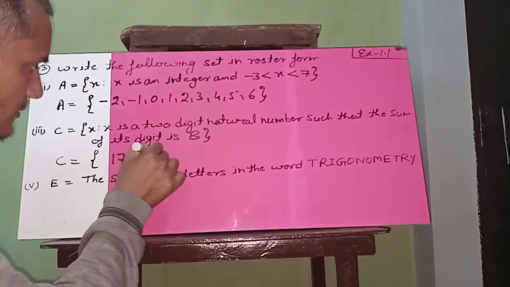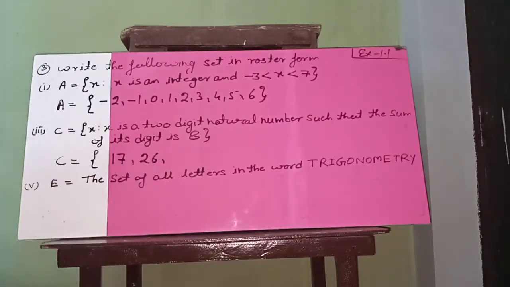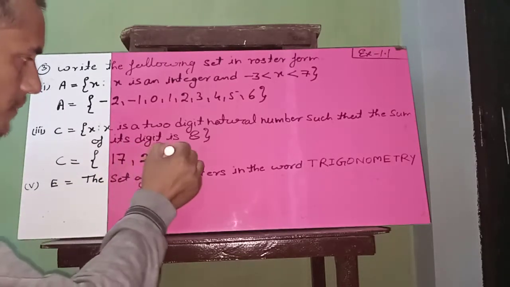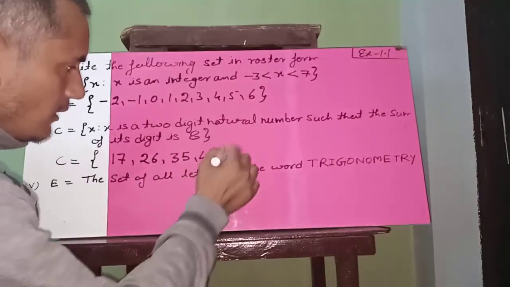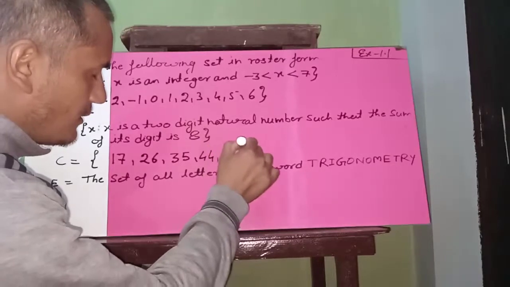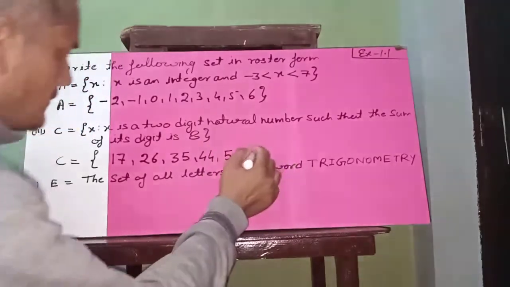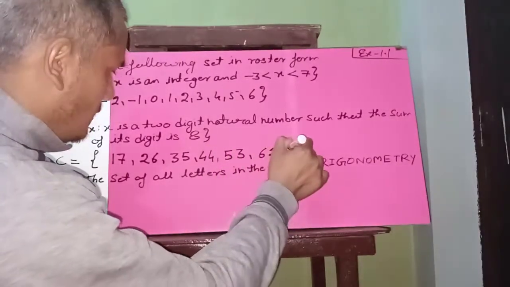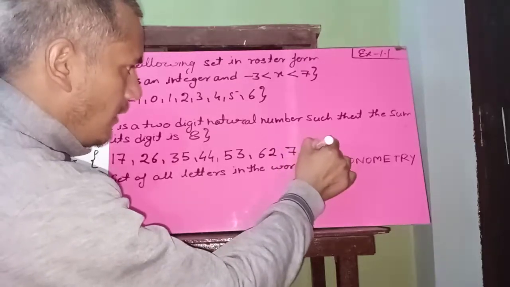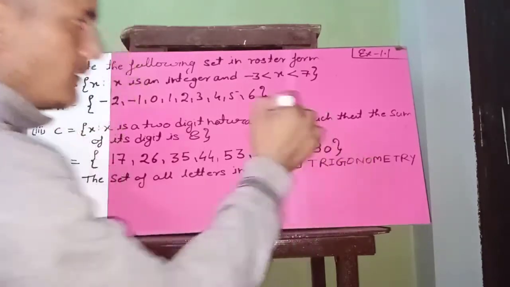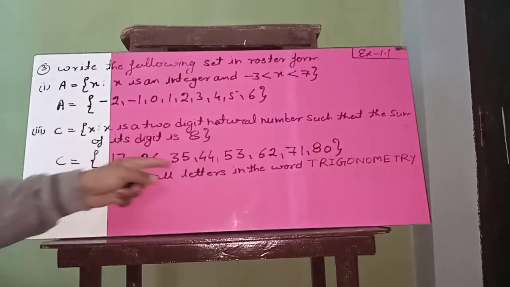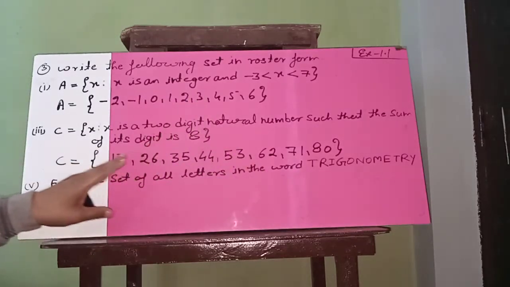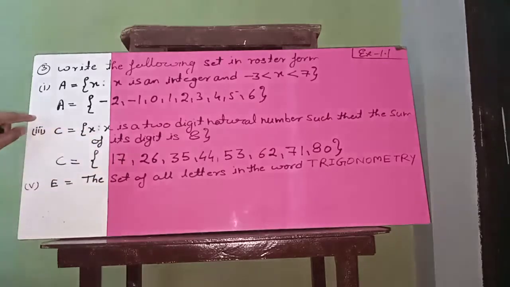After that 26, 2 plus 6 is 8. Okay, 35, 44, after that 53, 62, 71 and now 80. Okay, so that is all the two digit numbers whose digit sum is 8. So that is the representation of the third part in roster form.